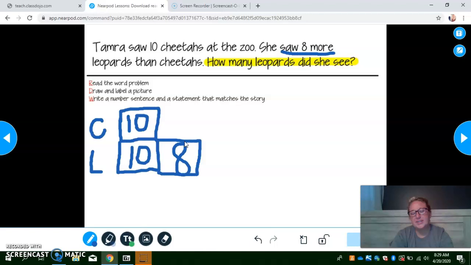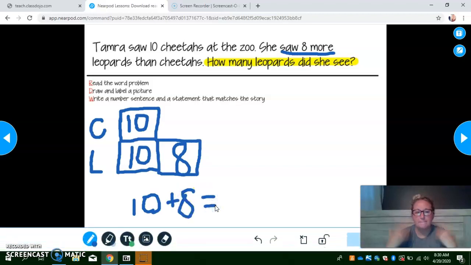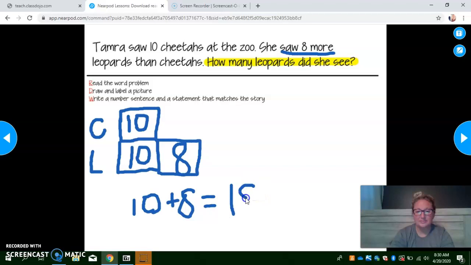Okay, the question is how many leopards did she see? So we're going to use these 2 numbers right here. 10 plus 8 equals 18.